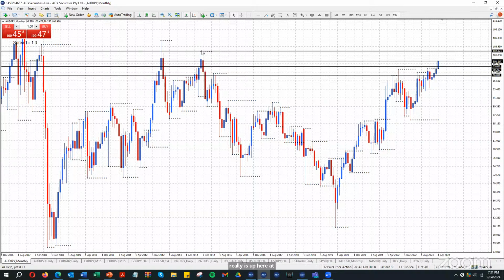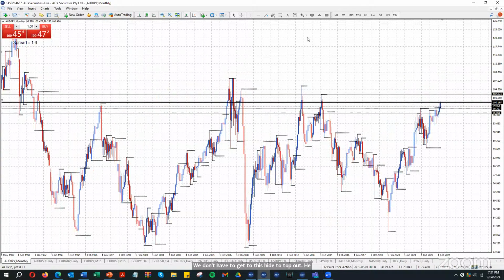We don't have to get to this high to top out. Historically, if I squash this in, you can see that once, twice, 3, 4, 5, 6, 7 times in this price area, we failed to move down.